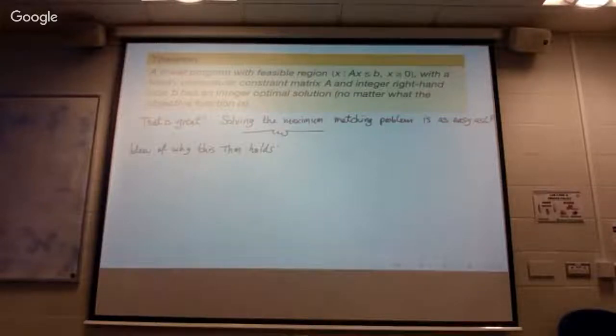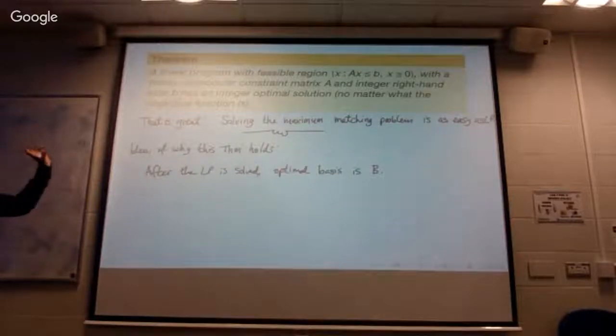So, after the LP is solved, you know what the optimal basis is. We don't know which it is, but no matter what the optimal basis is, what are the values in the val column, as it were, in the simplex tableau?